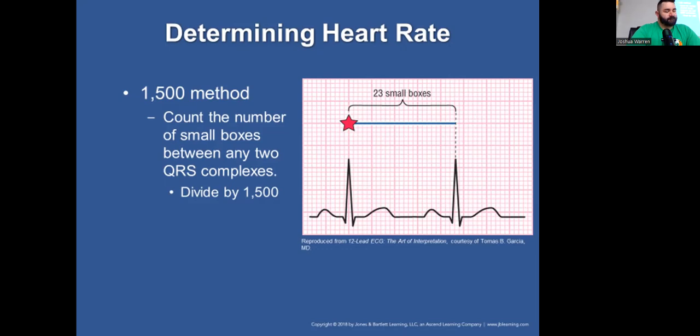Count the P waves, count the QRS waves, multiply by 10. That's your rate. Everybody with me? And what about the rhythm? They all look the same. Is it regular or irregular? The rhythm is checking out.